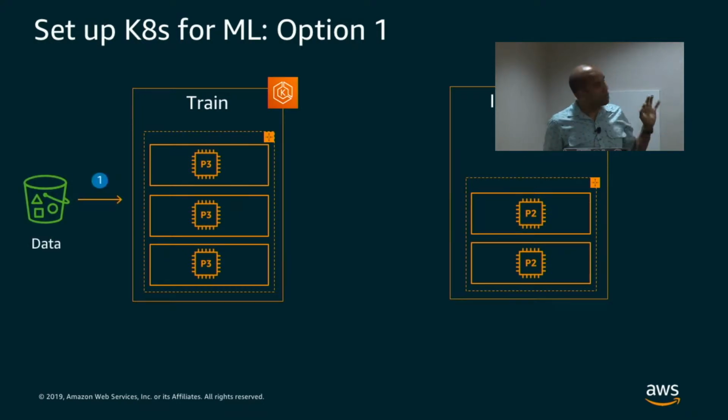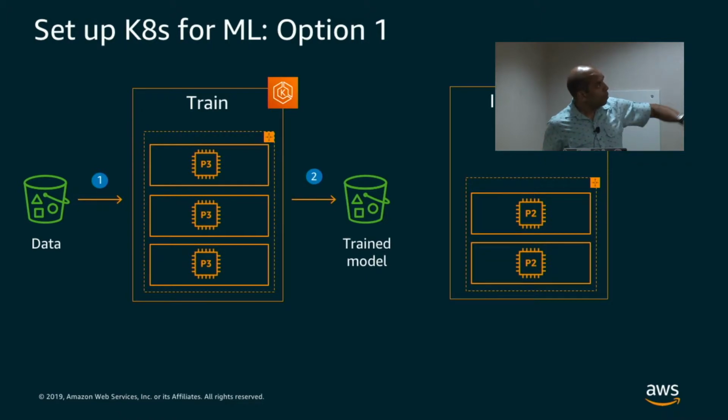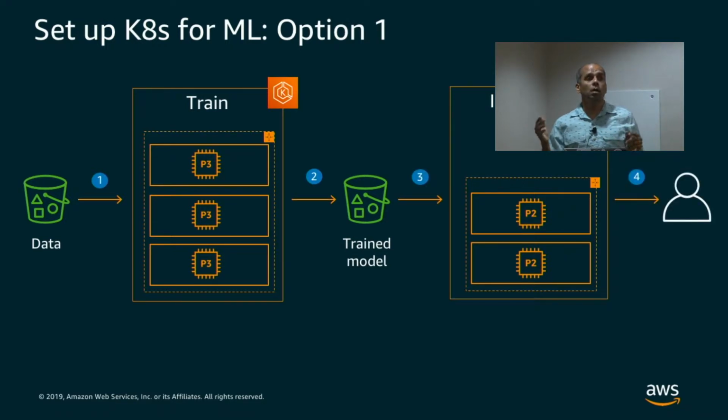Now your data is sitting in S3, which is your training data that you're going to feed to the model. You do a number of training runs, and once you have the accuracy typically around 90%, maybe higher, then you have the trained model, which is again sitting in an S3 bucket. Then you feed that to inference, and eventually your customer is able to see that in production. So end of the day, this is your typical cycle, okay?